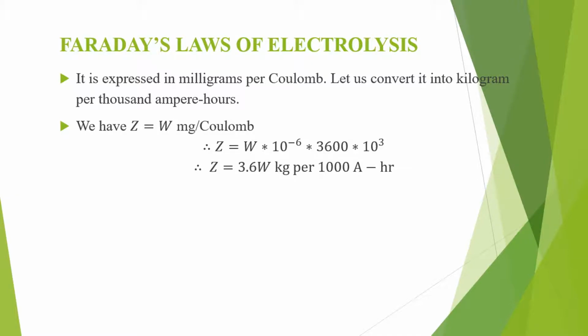It can be converted into kilograms per 1000 ampere hours. So we have Z equal to W milligrams per coulomb. So it is converted to kilogram per 1000 ampere hours. So W into 10 to the power minus 6 into 3600 into 10 to the power 3 gives us 3.6 W kg per 1000 ampere hours.